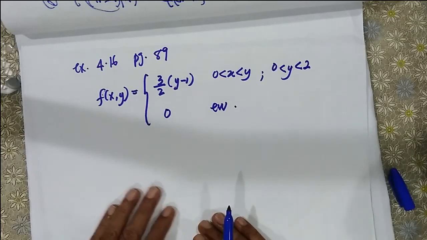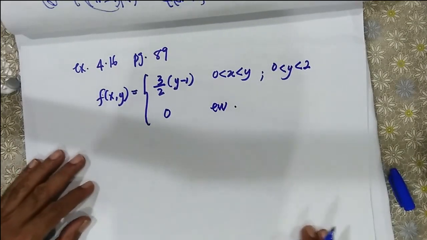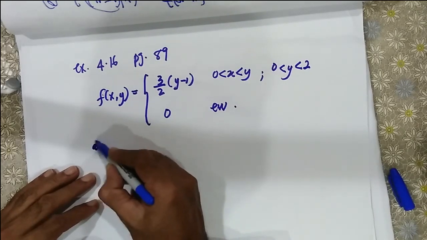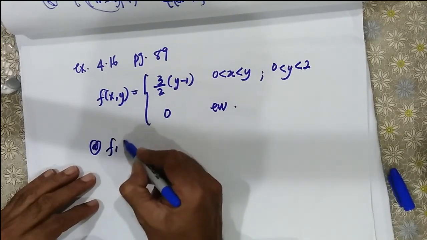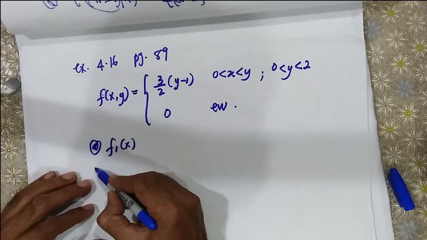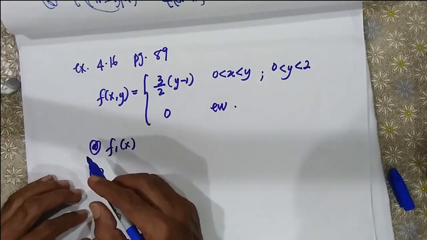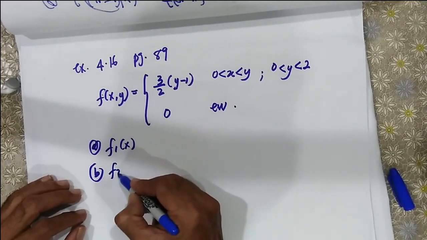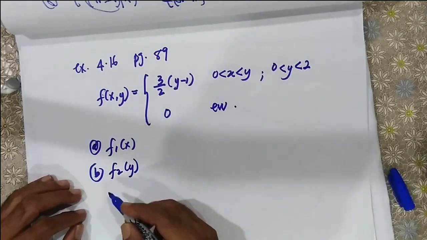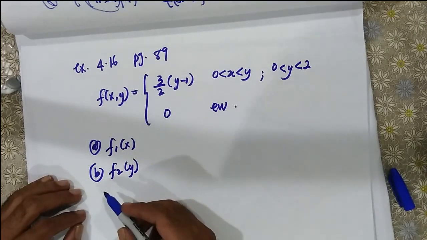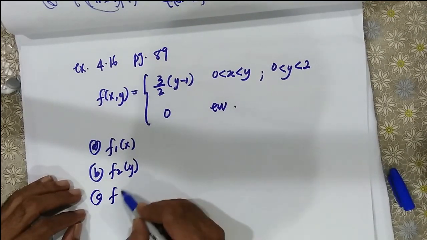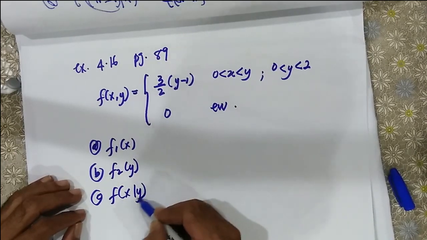Okay, I want to find the marginal of x, in other words f sub 1 of x. Then I want to find f sub 2 of y. I want to find the conditional of x given y.